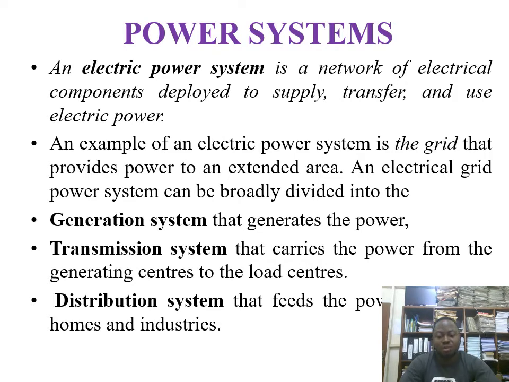Then we have the Bui Dam, the Asogli, and the TTP, the Takoradi Thermal Power Plant, that uses heat for power generation. Then we have the Navrongo Solar Farm. All these generation stations generate power and transmit it into the grid.